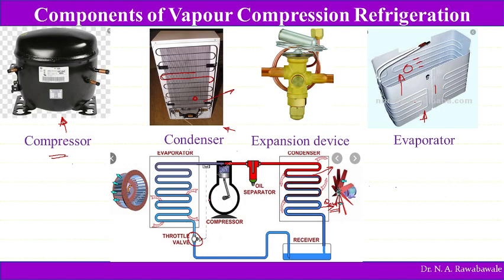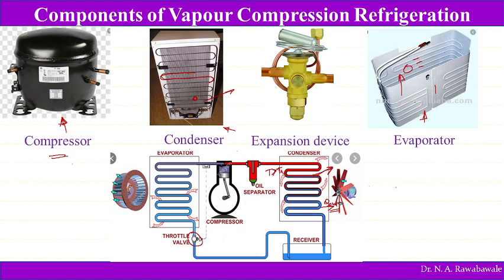Again it is compressed, where temperature and pressure of the refrigerant increase, and again it is passed into the condenser. When this refrigerant comes into the condenser, its temperature is greater than the ambient temperature, so heat flows from this refrigerant to the atmosphere. So the temperature of the refrigerant is greater than the temperature of the atmosphere, so heat is rejected.